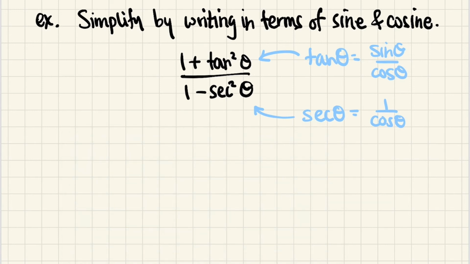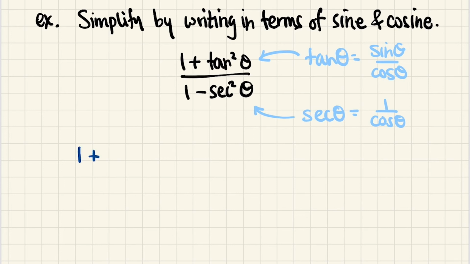So the fact that every single function can be easily written in terms of sine and cosine means that if we were to go and take a complicated expression like this and replace everything with its sine and cosine version of itself, then we might see things that are going to start to cancel that weren't obvious before.